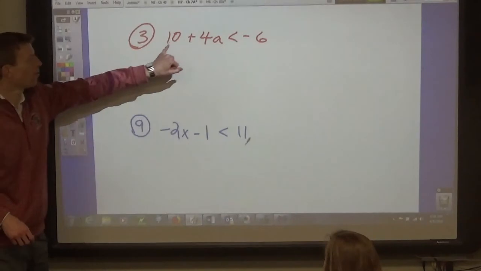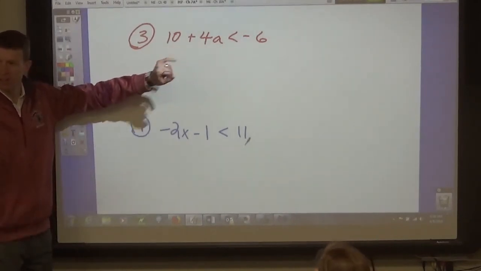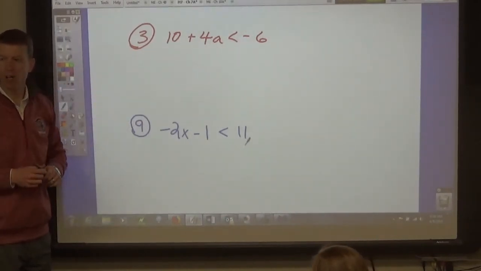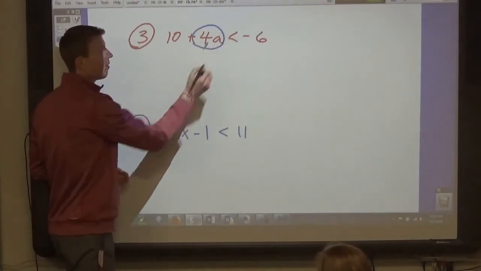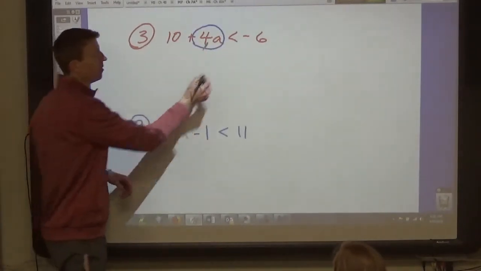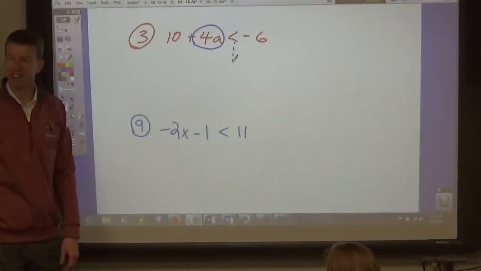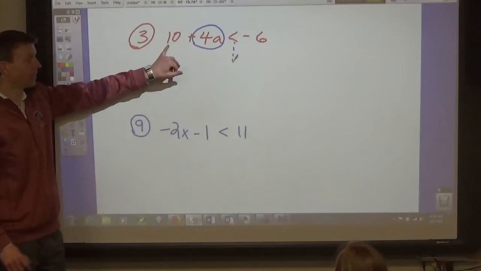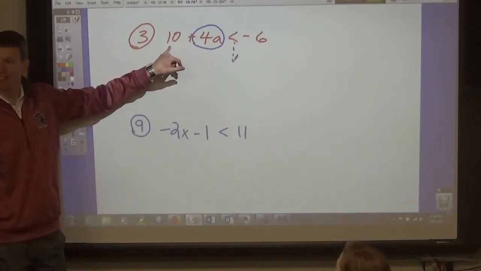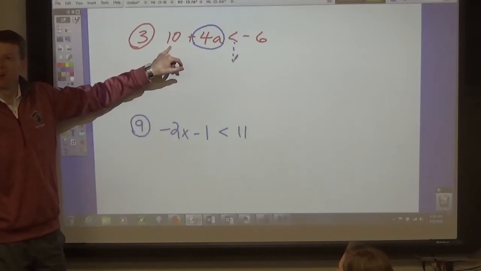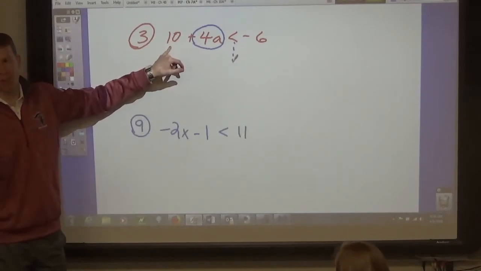So in the first one, what would you do first, Jacob? I don't know. Well, we have to get 4a by itself, right, on one side. Okay. So now what would you do first? What would you have to get rid of? The 10? Yes. How do you get rid of the 10? You take it away. No, you have to use an operation, a math operation.